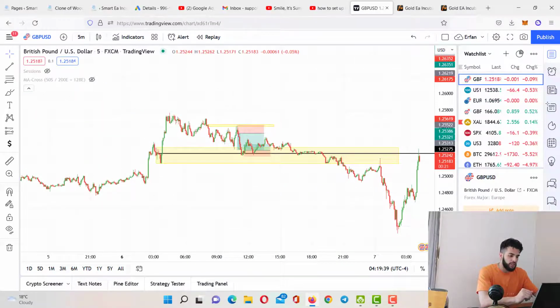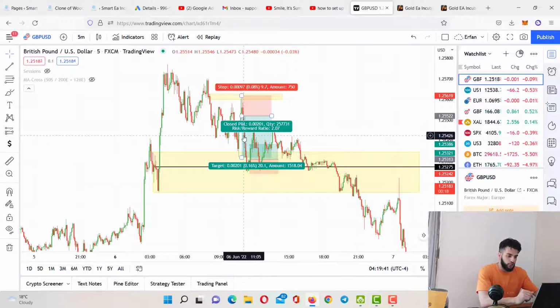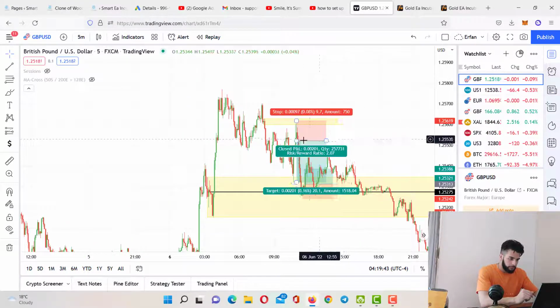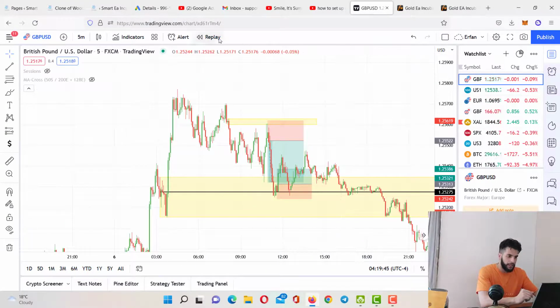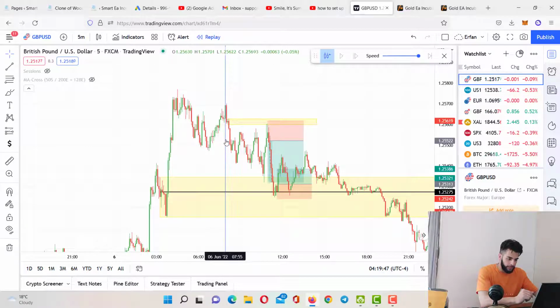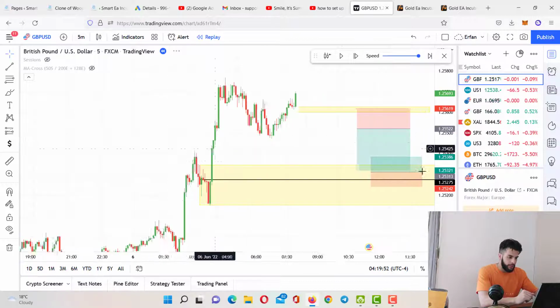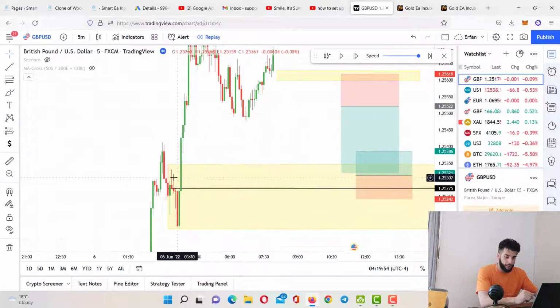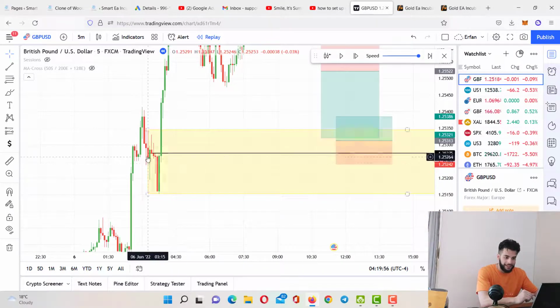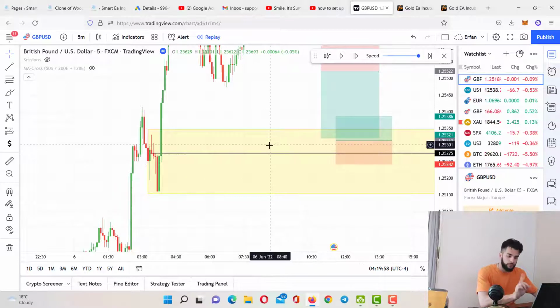I'm going to start with GBPUSD first on June 6th, exactly when it happened. If I go to 8 in the morning, which is exactly when I start trading, you'll see that I could identify this high probability demand zone on the 15-minute time frame, and this horizontal line is for the 5-minute time frame.